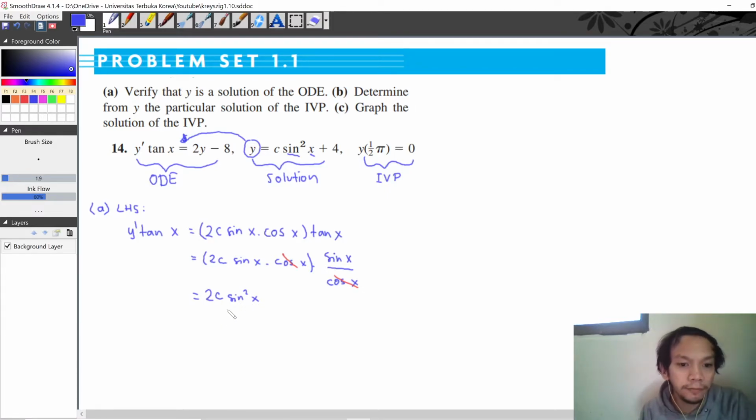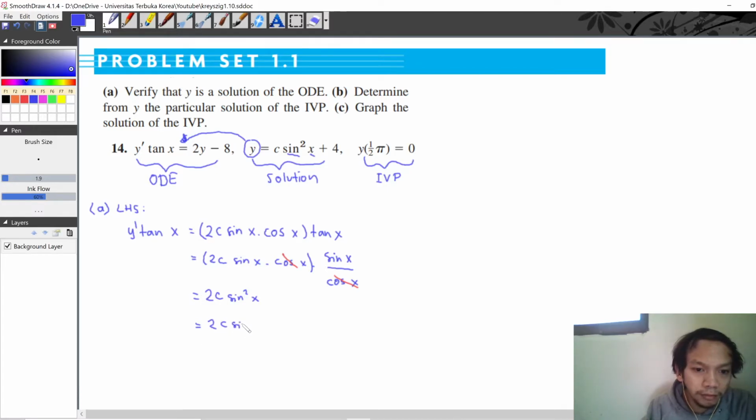Okay, we now have this form here in the left hand side, but we want this form here, 2y minus 8, and y is this one, c sine squared x plus 4. We need to state this as some form of y. So remember that y is this one, c sine squared x plus 4.